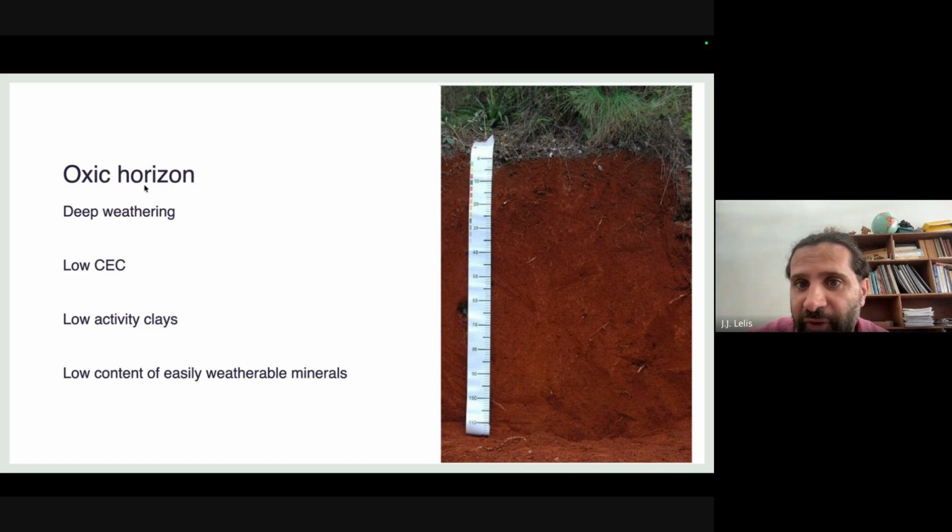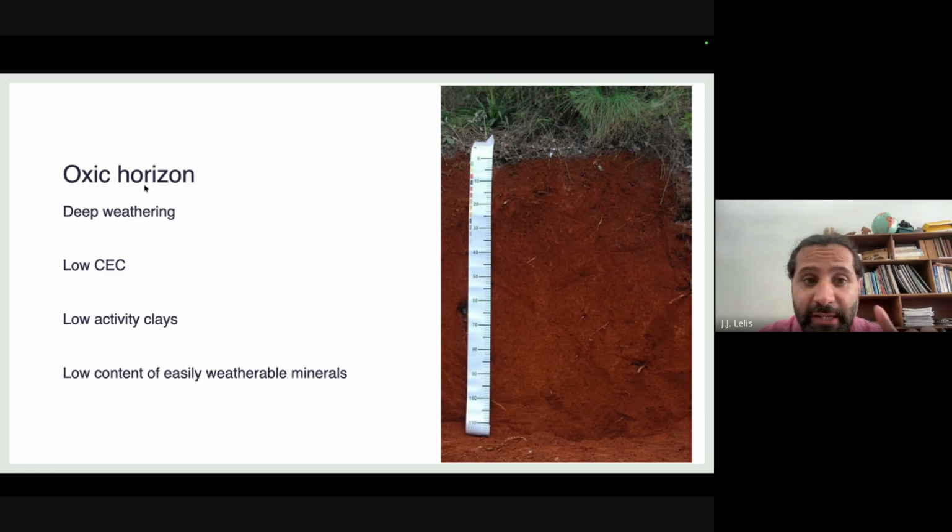For example, olivine, pyroxene, even feldspars will not be present, or the content of these minerals will be quite low, because this horizon forms only under intense chemical and physical weathering, but basically chemical weathering.